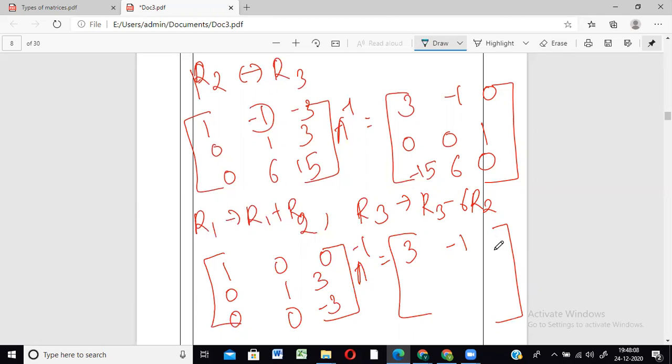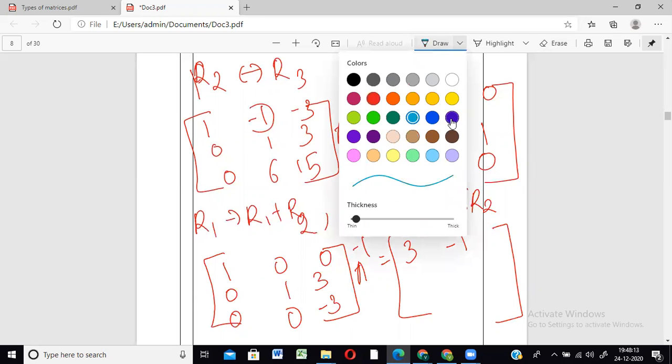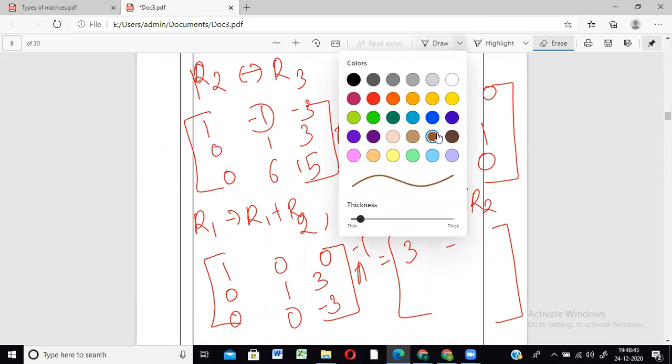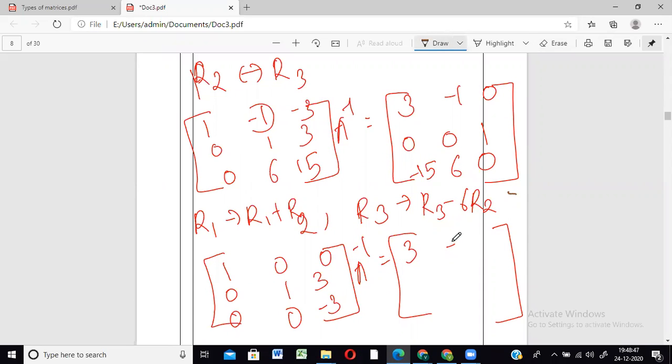So this is R1 plus R2. As I said, this also becomes 0 plus 1.